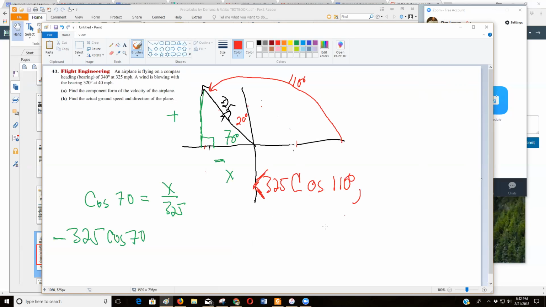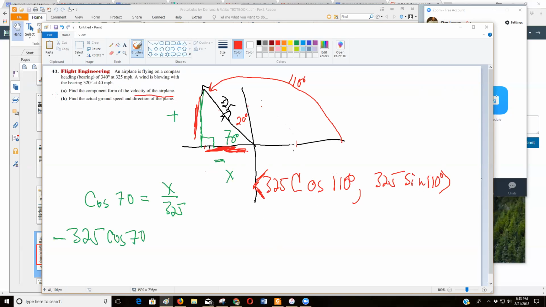So that's the horizontal component of that vector, of that force. To get the vertical component, it's going to be the sine, so 325 times the sine of 110 degrees. That's breaking down the velocity of the airplane into horizontal and vertical components. You always have to have an angle and then the radius, basically.